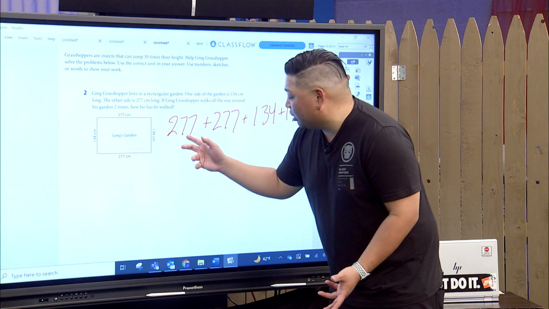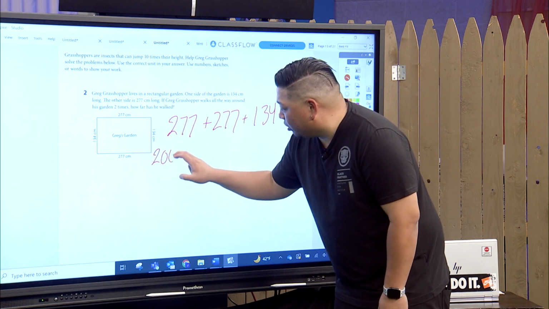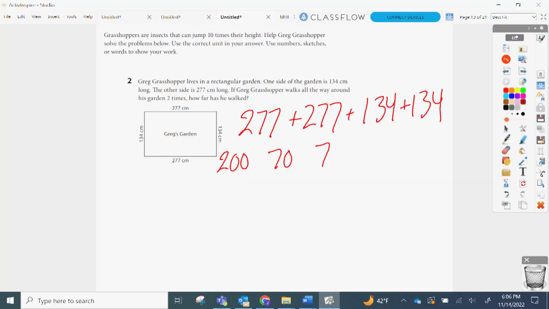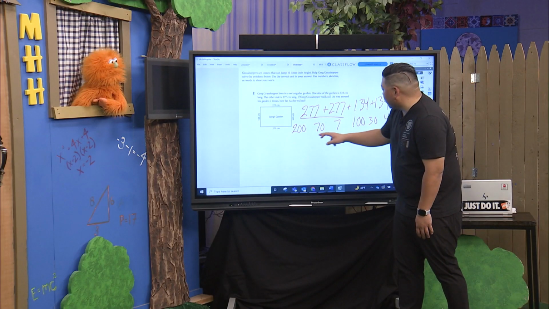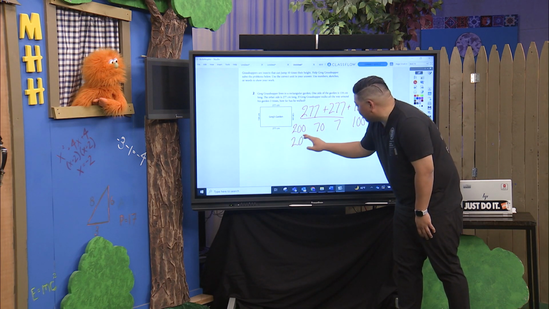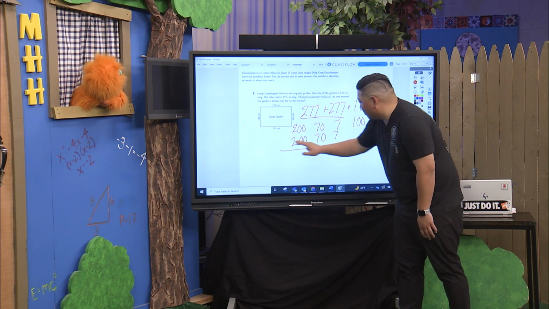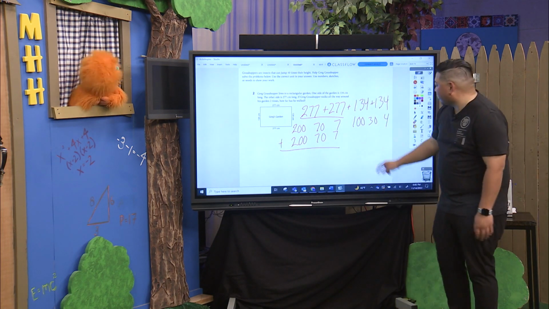So for example, 277 is 270 and 7. And 134 is 130 and 4. So 277 plus 277 would just be like this. Oh yeah, it's the same thing. And you would do the same thing with 134.